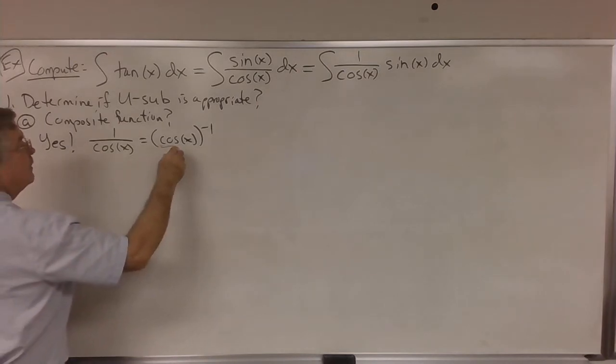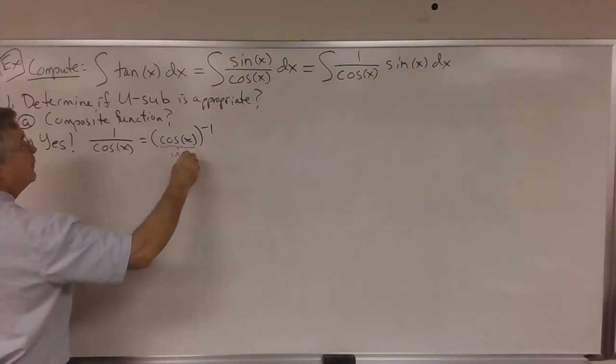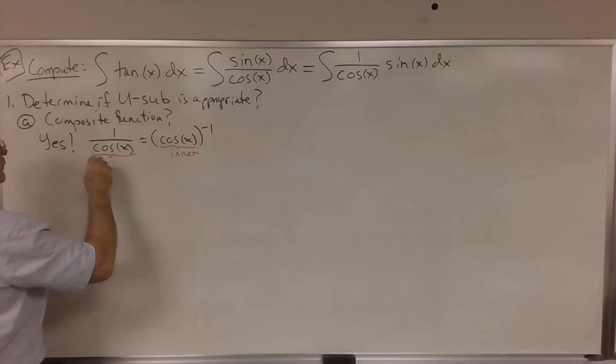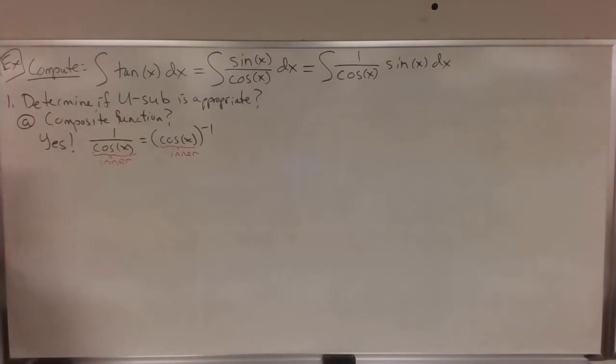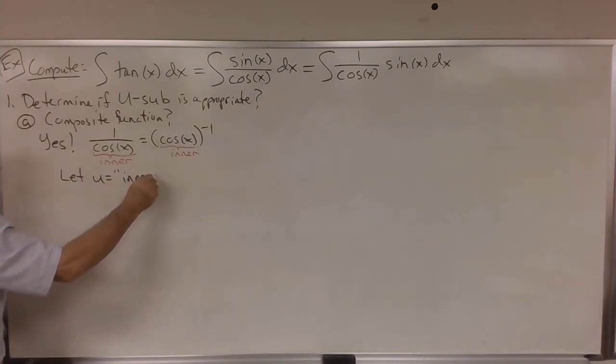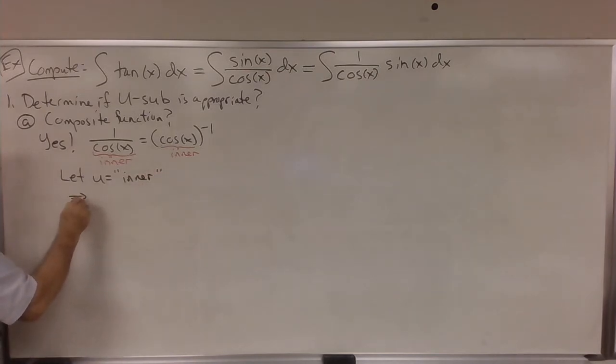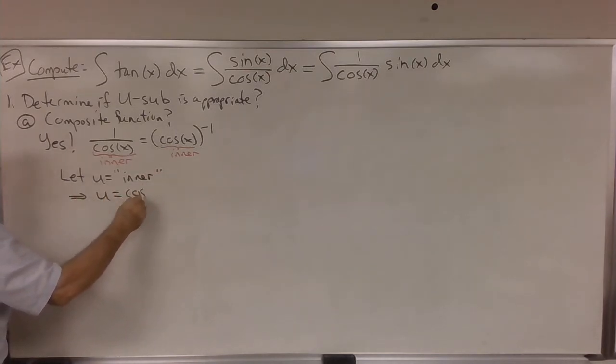So cosine of x is the inner function. And our rule of thumb is that we let u equal the inner function. So u equals cosine of x.